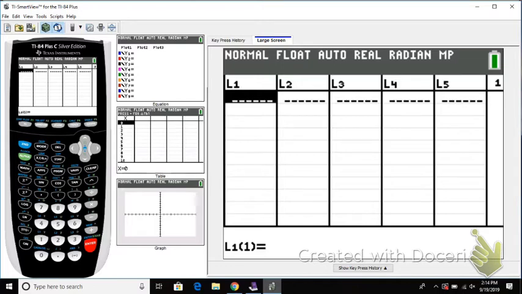You can look in your own book. I'm just going to type mine in here. Is everybody doing it? Just hit enter, and it goes to the next one.